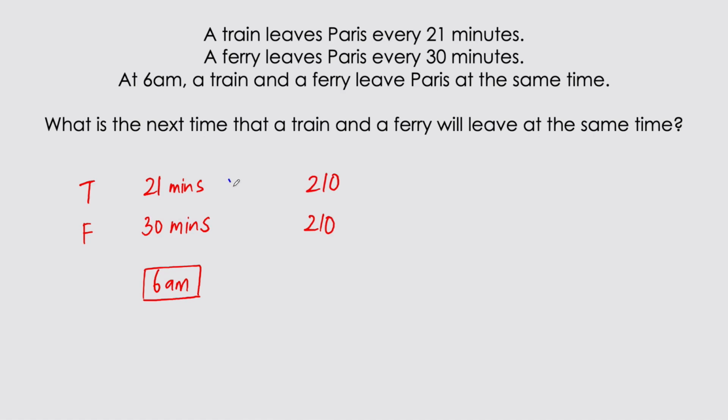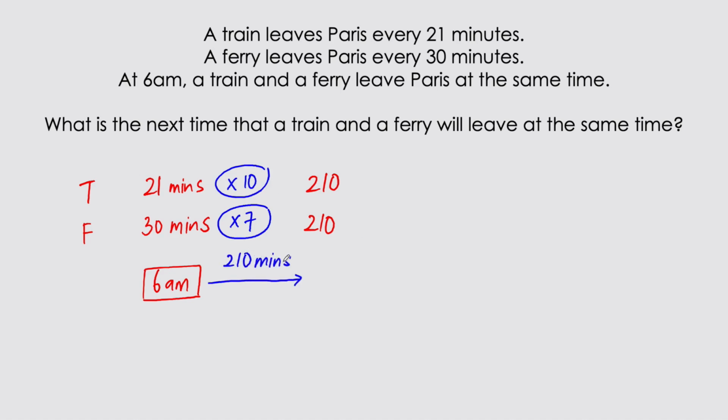Which means from here to here I'm going to times 10, and from here to here I'm going to times 7. Which means 10 trains would have left and 7 ferries would have left in 210 minutes. And the next time that the train and ferry will leave is 210 minutes from the first time they both left together.